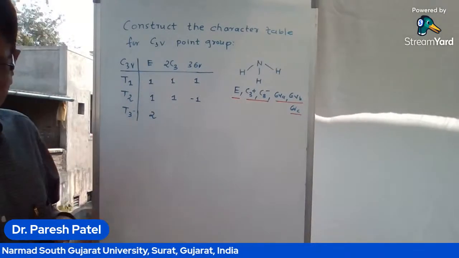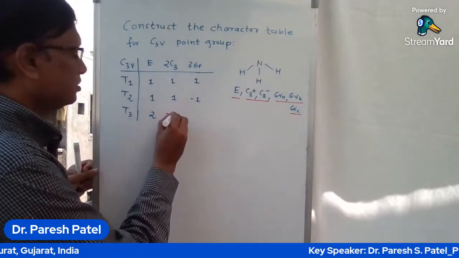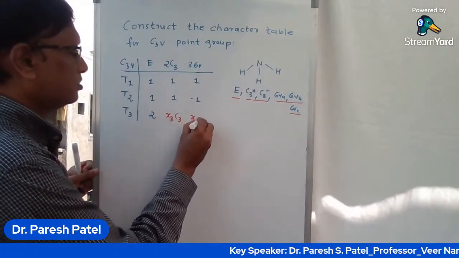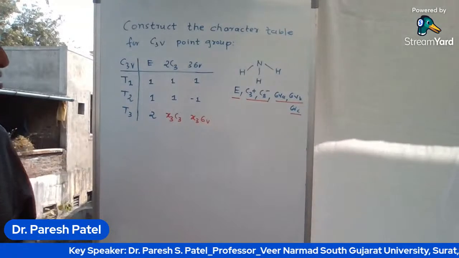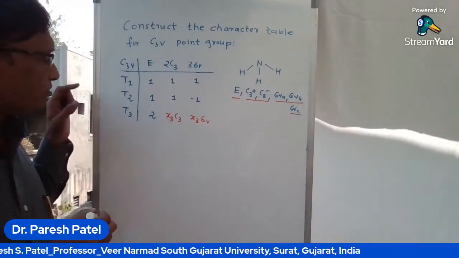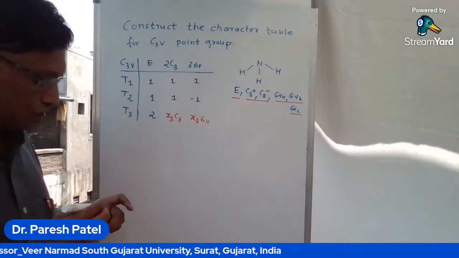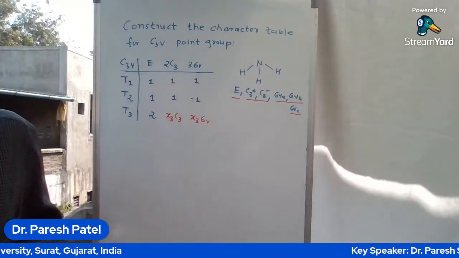Now to get the third irreducible representation, we have to go for rule number 4.